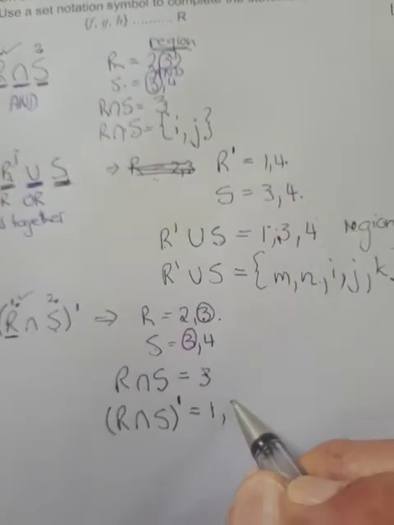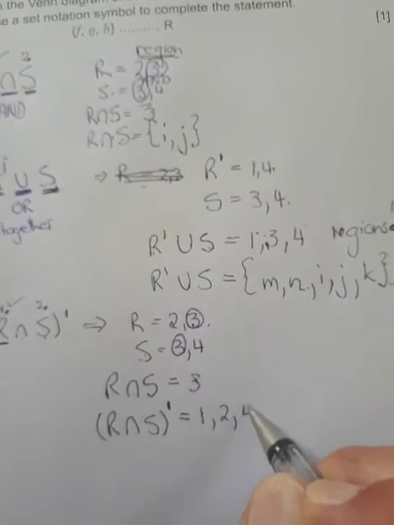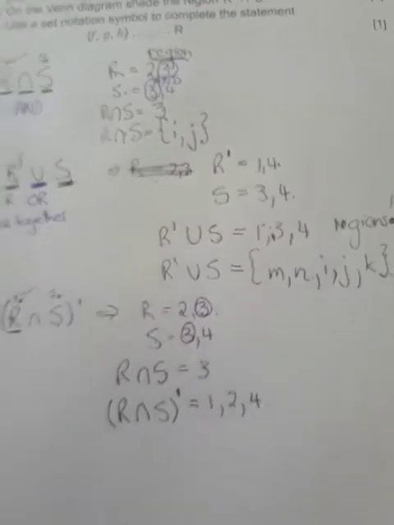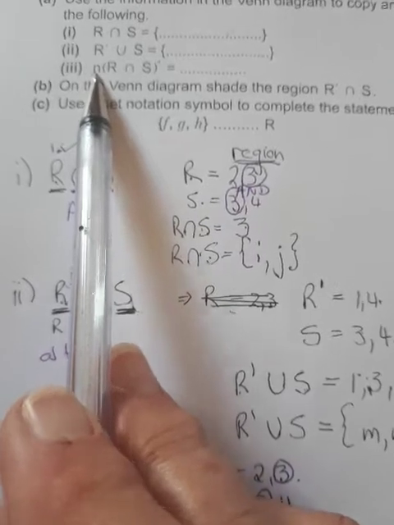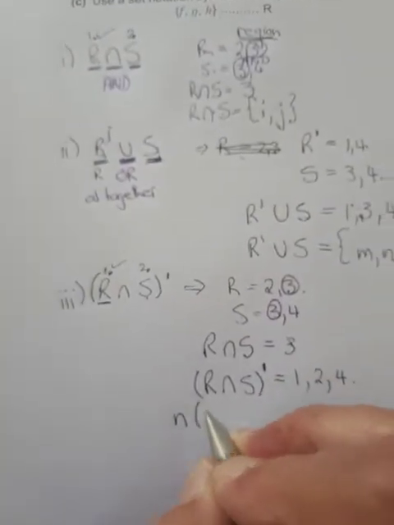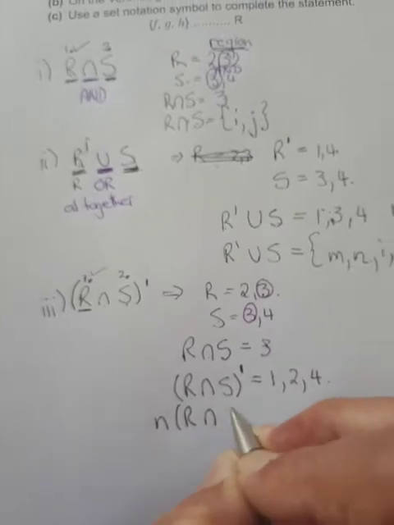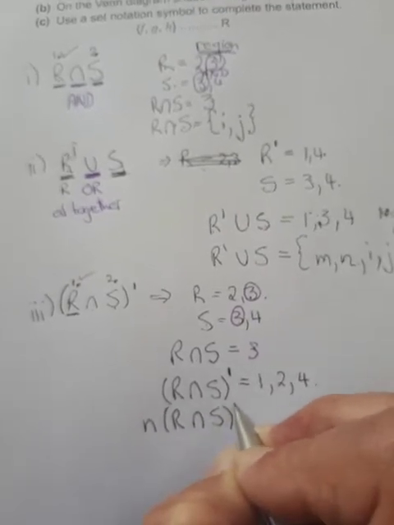So that's region 1 and 2 and 4. And now the question is to count the elements in this, so the number of elements in R intersection S complement.